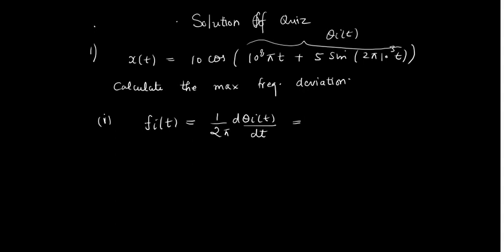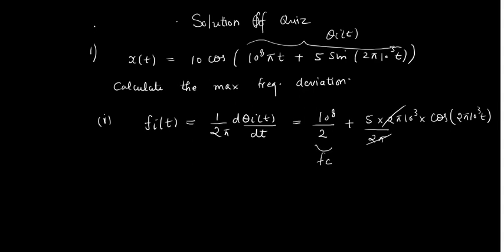So if we just differentiate it, we will have this plus 5 into 2 pi 10^3 into cosine of 2 pi 10^3 t, divided by 2 pi. So this is obviously Fc.